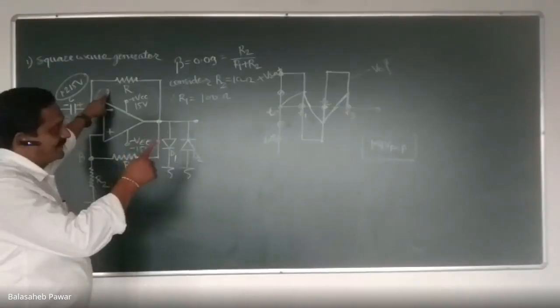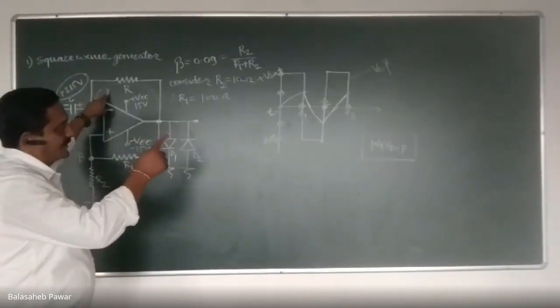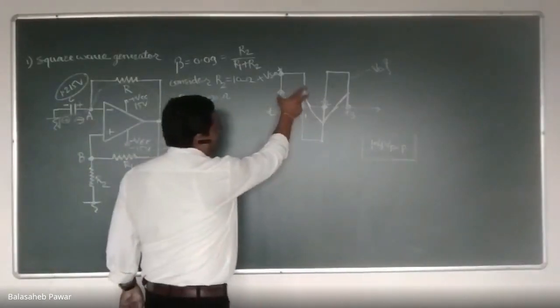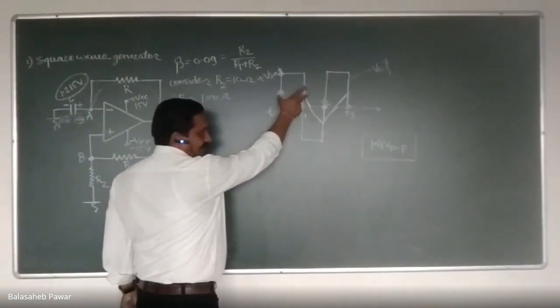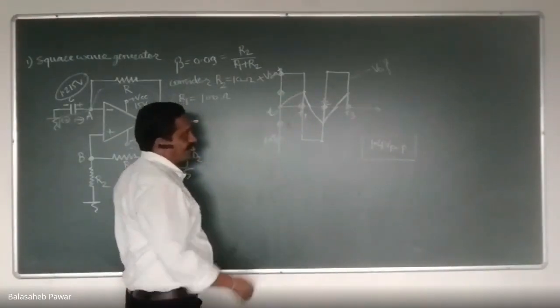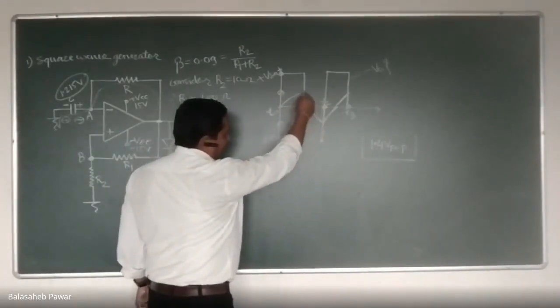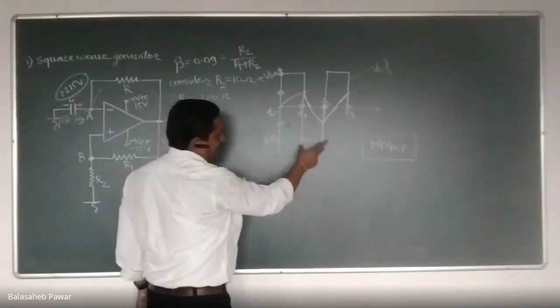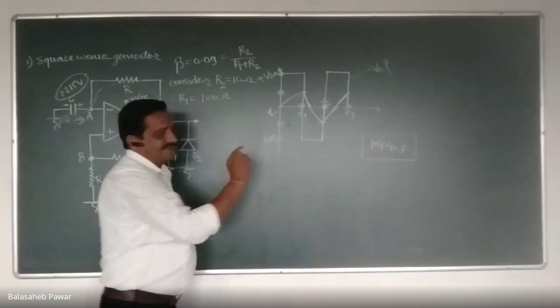Yes, sir. See, the charging time will decide the duration of the plus VSAT level, or positive half cycle, correct? And similarly, discharging, that is charging in the opposite direction, will decide the period of the negative half cycle.